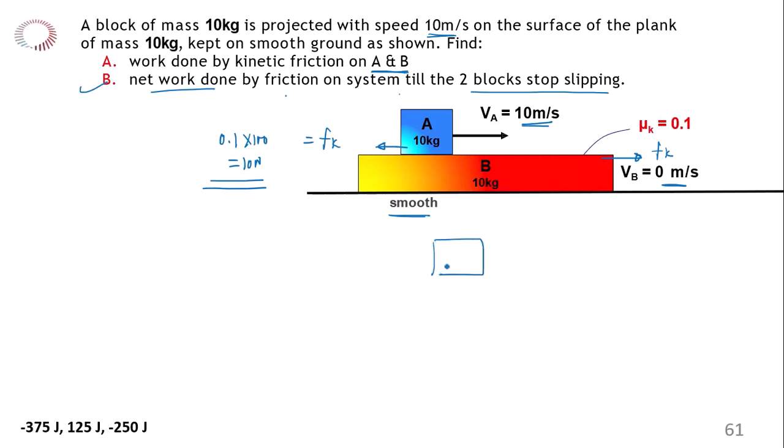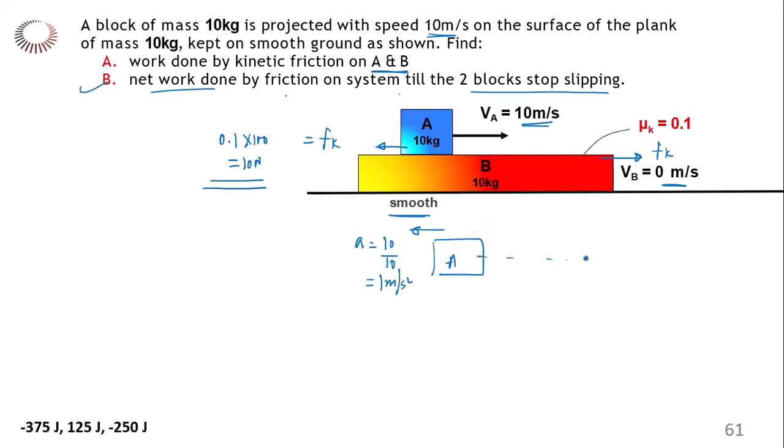For the A block, retardation is in this direction. What is the value of retardation? a can be written as 10 Newton friction force divided by 10, that is 1 meter per second square.